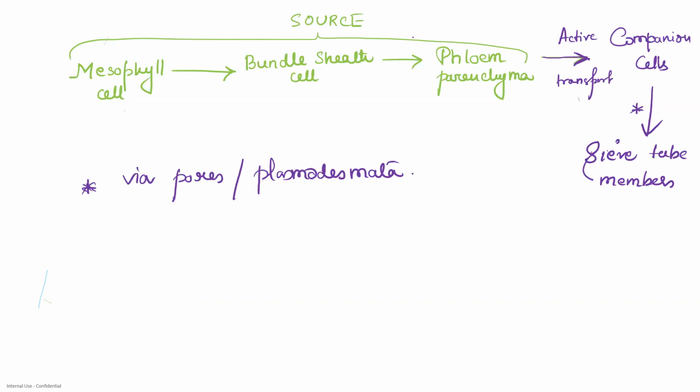In apoplastic unloading, the substances are first transported from the sieve tubes to the extracellular apoplastic region and are then taken up into the cells of the sink organ. Please remember this very, very nicely.